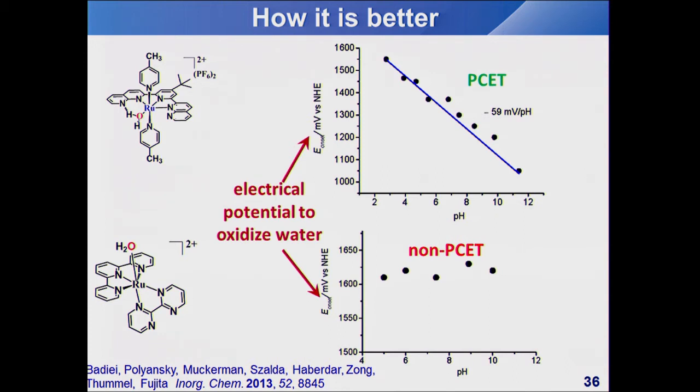And we can actually decrease it by about 50% if we get to a relatively basic solution, pH about 11 or 10. And that's a good thing, because now we lowered the energy requirement for driving the water oxidation reaction, and it makes the oxidative part of the artificial photosynthetic device more efficient.